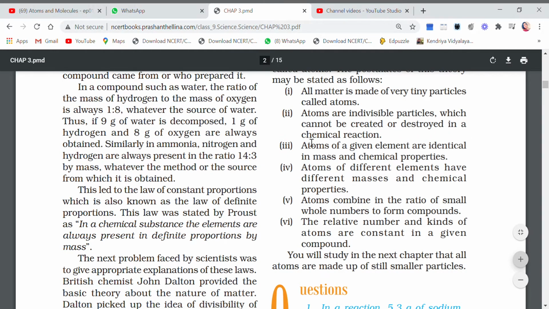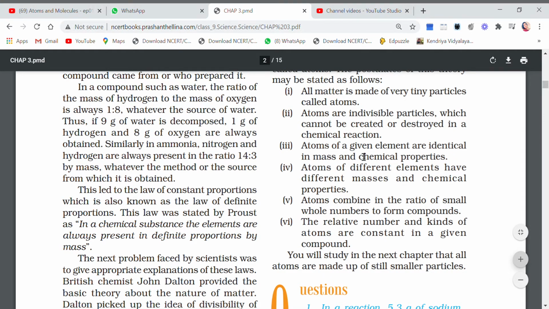Third point, so this, see, second point relates to which law? बताओ. Second point relates to law of conservation of mass. याद है ना? Third point, atoms of a given element are identical in mass and chemical properties.